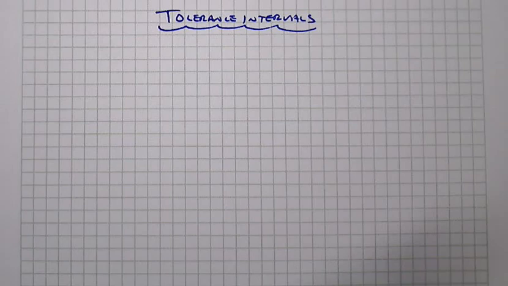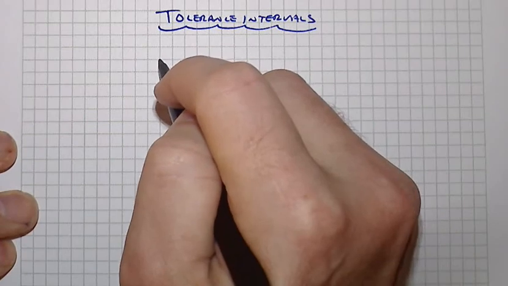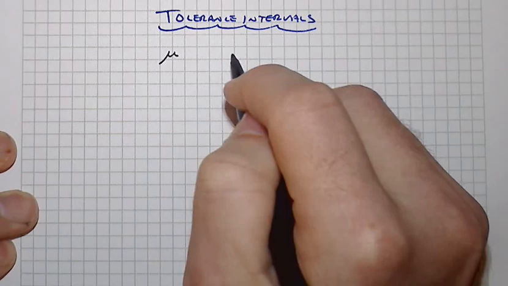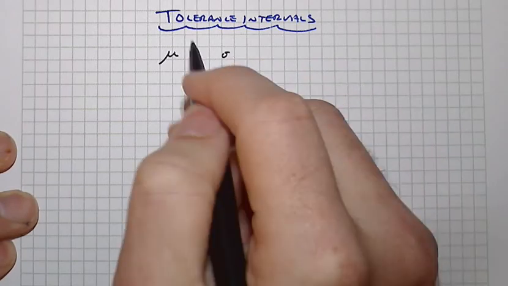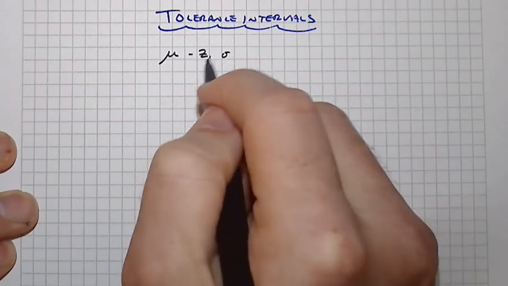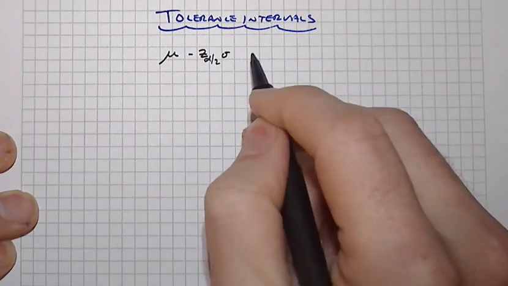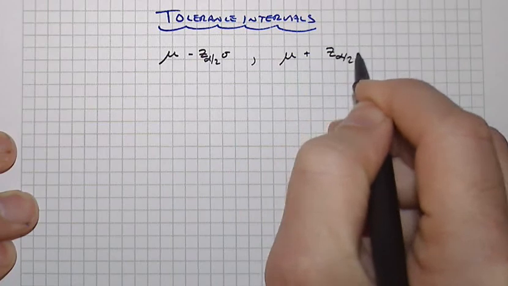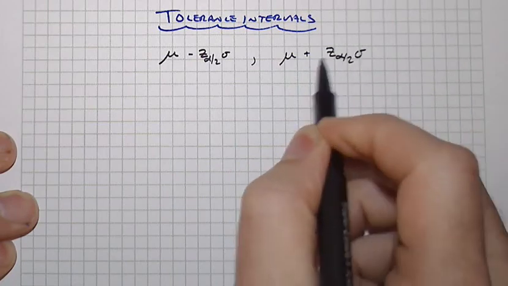An application to real industry of these confidence interval ideas comes in the form of a tolerance interval. I go back to that underlying normal distribution: if we were to know what the mean and the standard deviation of a population were, we could create a specific two-sided interval by finding the associated z alpha over 2.